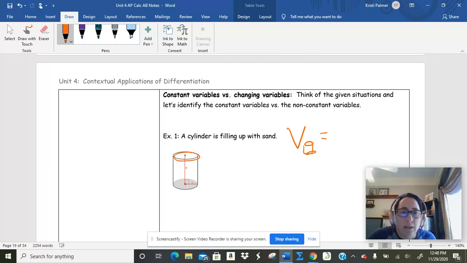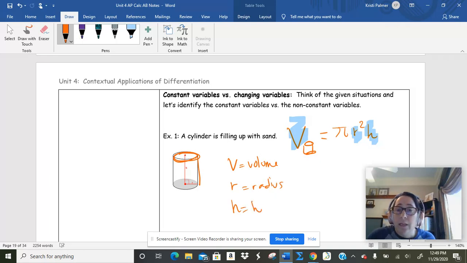Well, I'm going to take the area and multiply it by the height. So I have 1, 2, 3 variables going on. V is our volume, R is our radius, and H is our height.